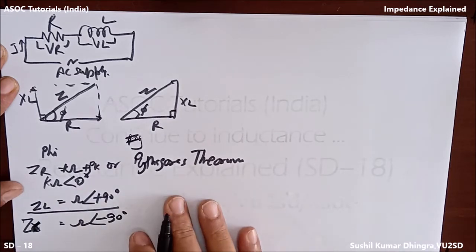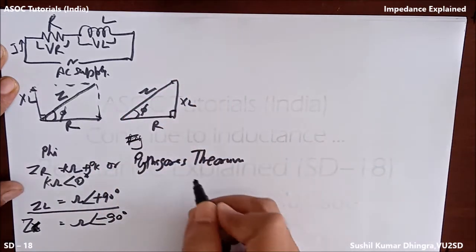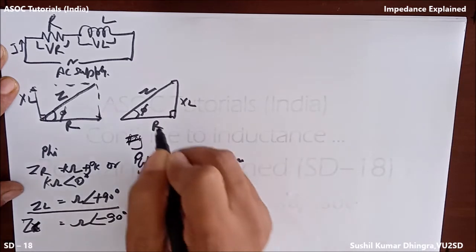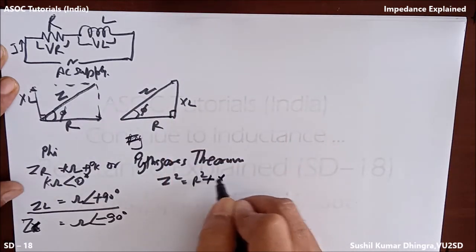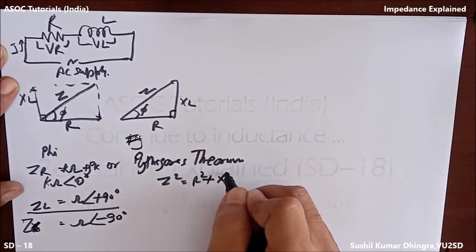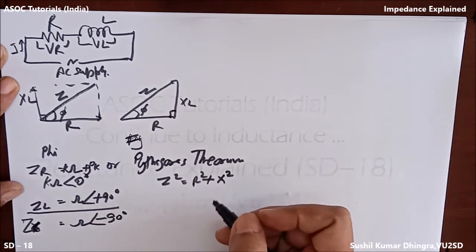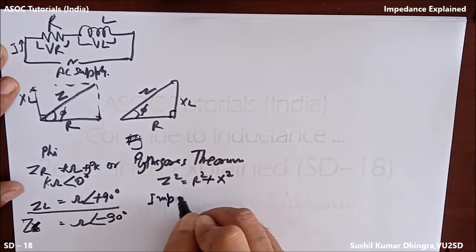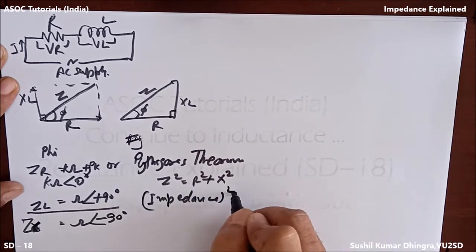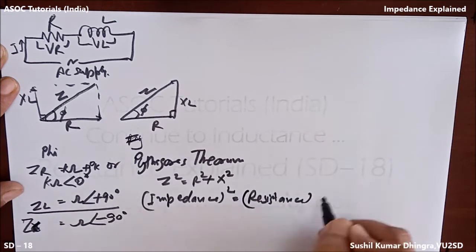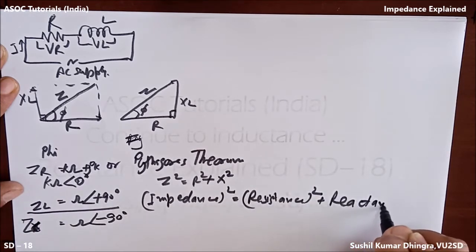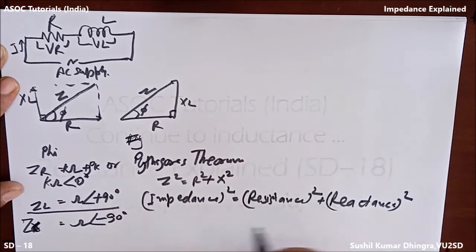If you remember from school time, Z square is equal to R square plus XL or XC, whatever it may be, square. In simple words, impedance square is equal to resistance square plus reactance square. Keep this in your mind.